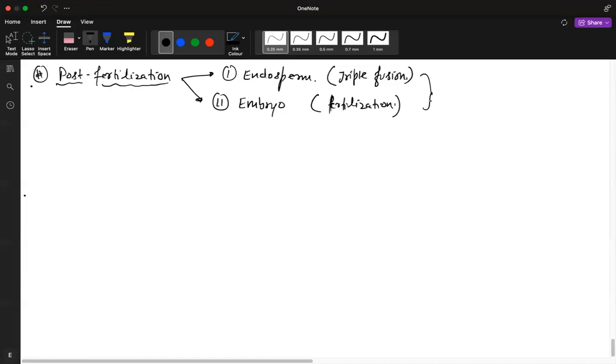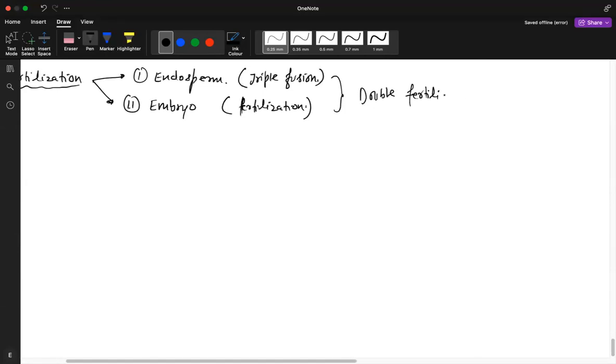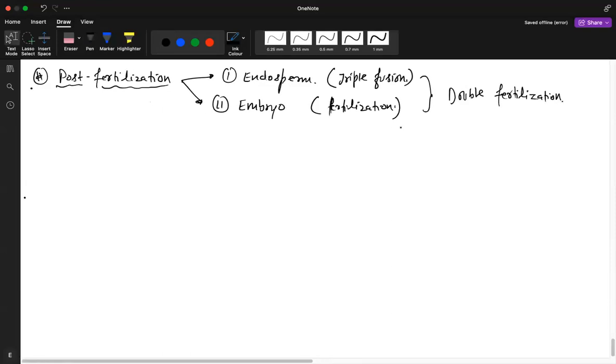These two things together, when they are formed, are a result of double fertilization, right? And both of these two things, endosperm and embryo, are present in the seed, right? So seed is the final product of sexual reproduction in angiosperms.